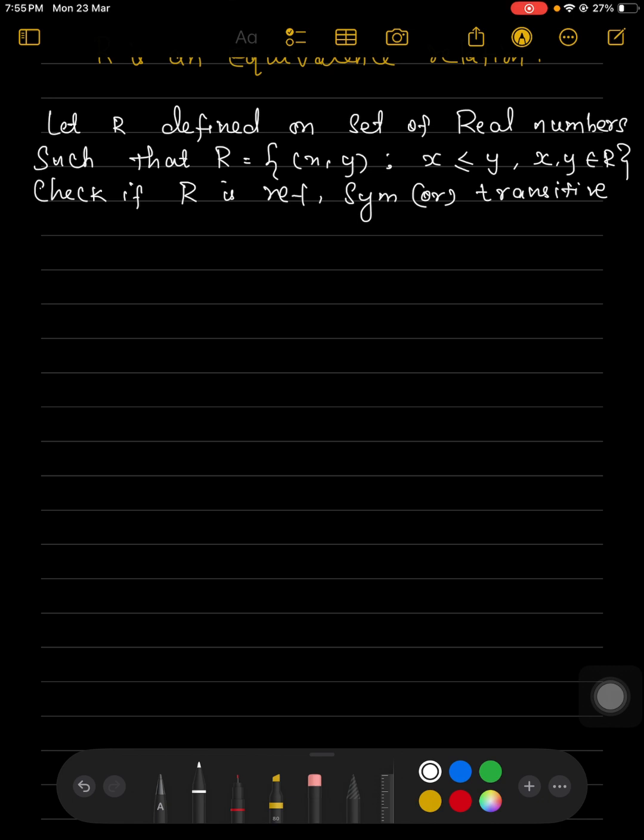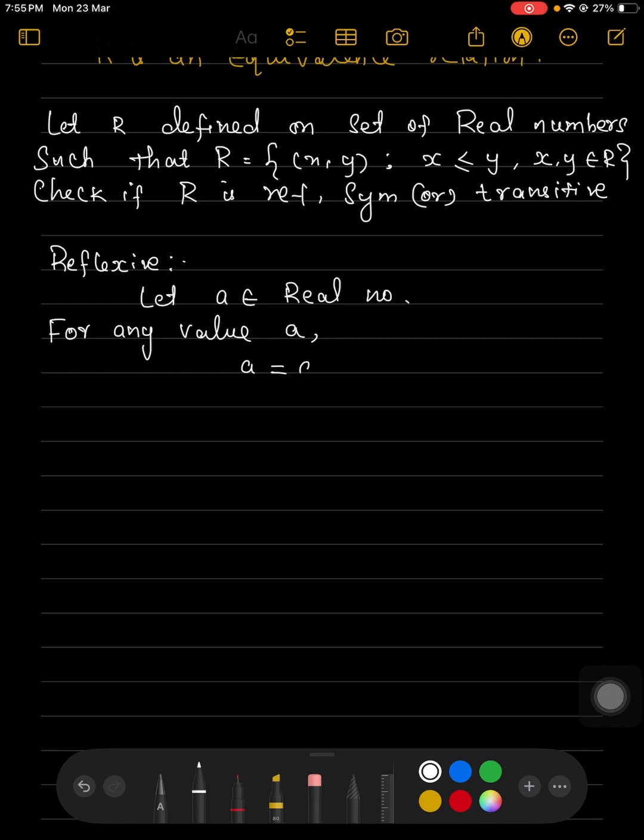Let A belong to the real numbers. For any value A, do you agree that A equal to A is true every time? Yes, a number is equal to its own number. What is the relationship given here? Look here: if x is less than or equal to y, how to read this? x is less than or equal to y.